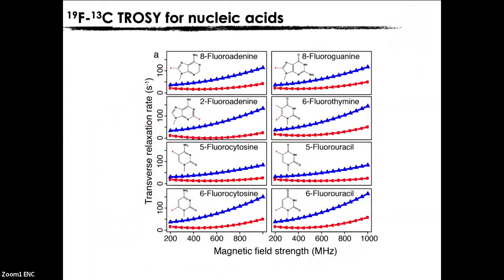Now, this fluorine carbon TROSY effect not only works in proteins, it also works in nucleic acids. Actually, it works much better in nucleic acids. So here again, theoretical calculations for the substitution of fluorine in different nucleotides. And you can see the TROSY effect causes very slow relaxation rate for most of them.